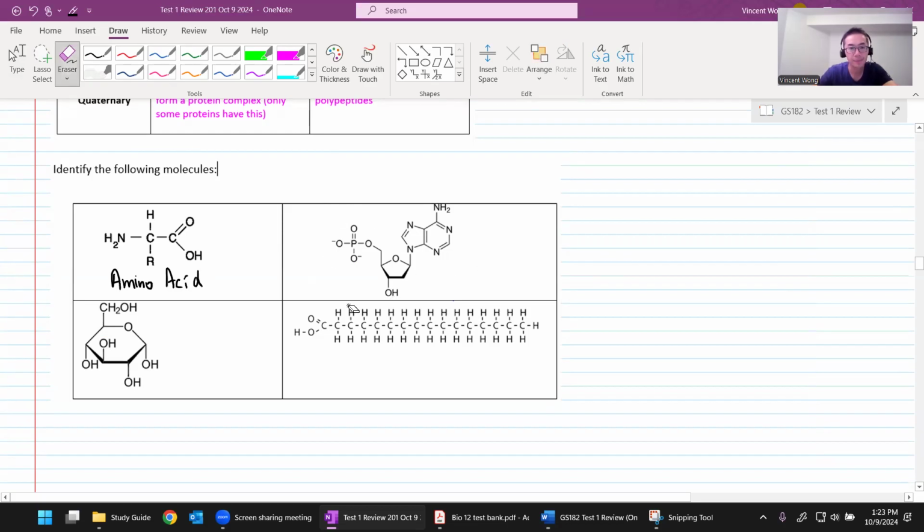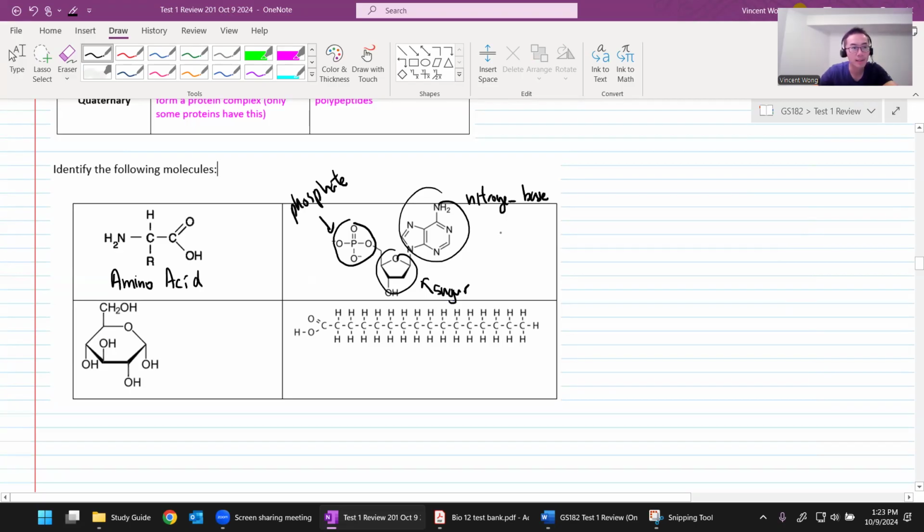Next here, we see a phosphate group. PO4 is phosphate. We see a sugar here and a nitrogen base.